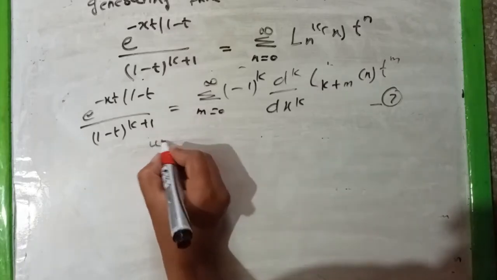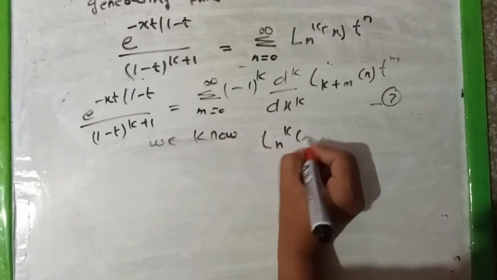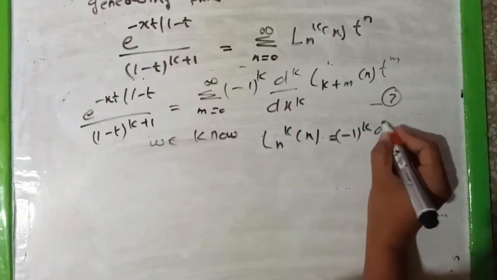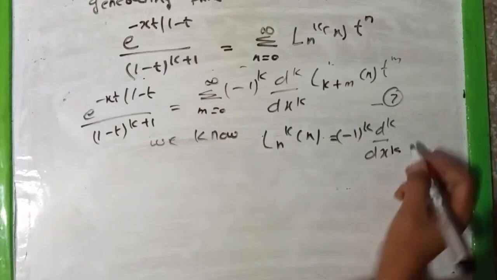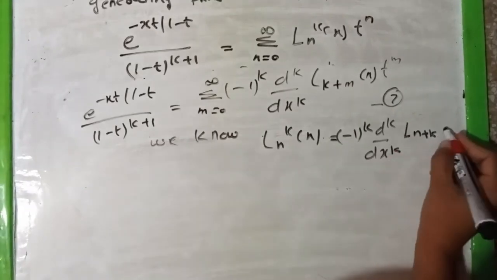Now we'll use L_n^k(x) is equal to (-1)^k kth derivative of L_(n+k)(x).